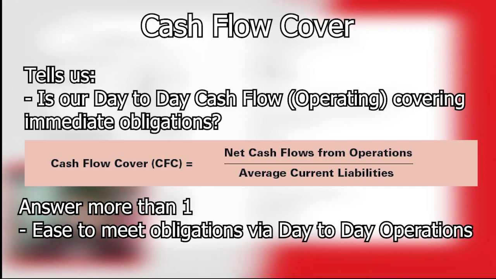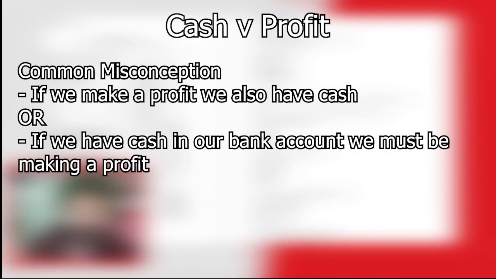Now, one thing that does come up, and it's interesting, is whether cash equals profit. You will normally see theory questions that go, this person believes that because their cash went up, they're making a profit. Or this person believes, because they made a profit, they have a lot of cash in the business. And that's not true. We know that, hopefully.